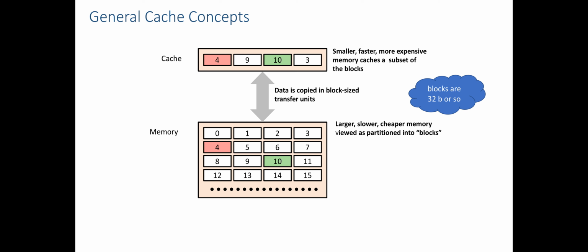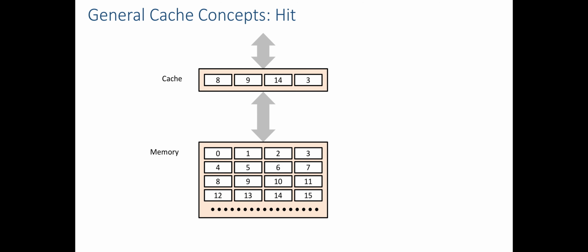So not just one integer, but 32 bytes worth. So 8 integers at a time, for example, might be brought in. But it's always just based on what you accessed and where it happens to be in memory. This blocking is a fixed pattern that we're going to talk about and see quite often over the next couple of presentations.